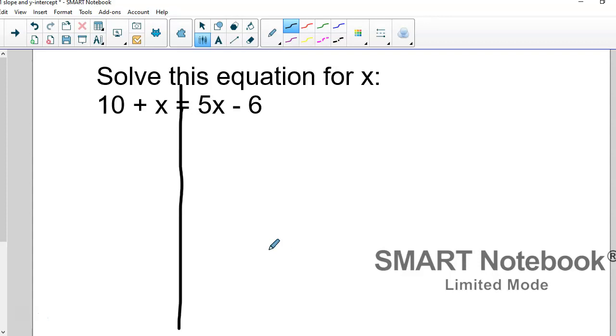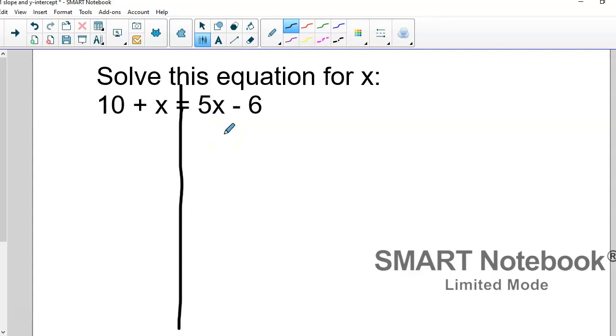We were able to combine those like terms because both of those variables were on the left side of the equation. Today though, we have a 1x over here on the left and a 5x over here on the right. And since they're on different sides of the equation, we cannot combine them. So we cannot do 1x plus 5x and call it 6x because they're on different sides of the equation.